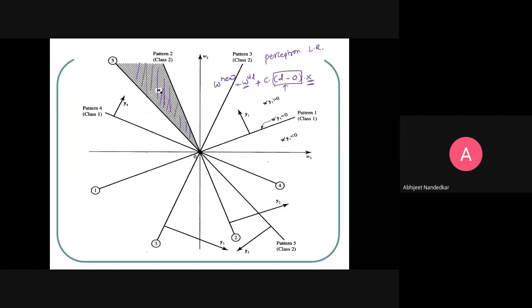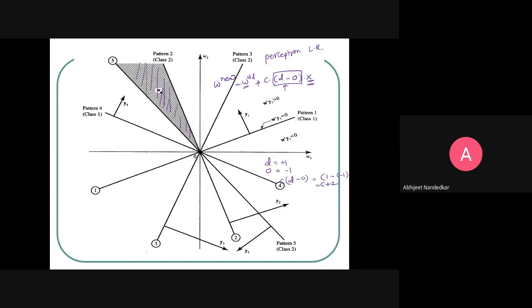When the desired response is +1 and the output is -1, what will happen? D minus O is 1 minus (-1), so this will be +2, and it will get multiplied with this C.